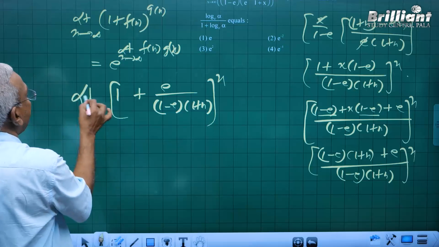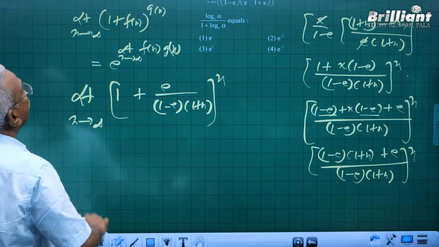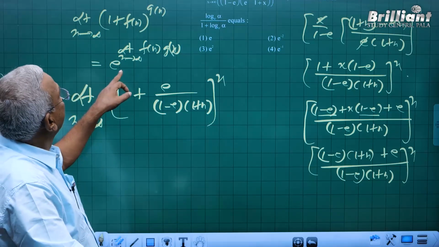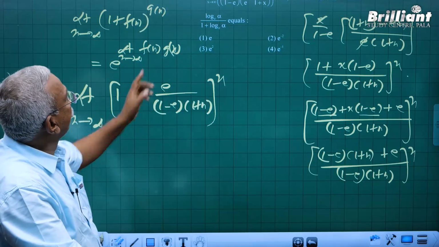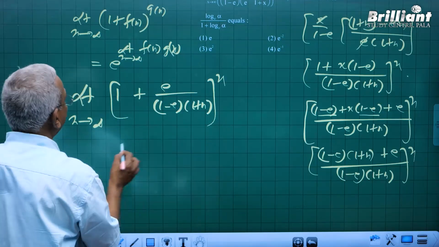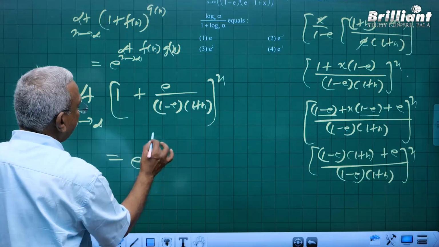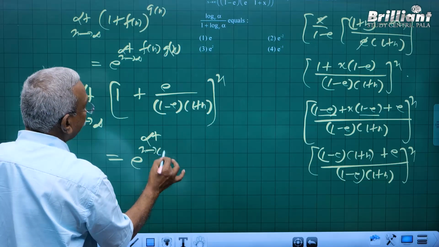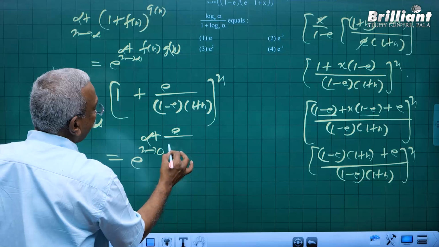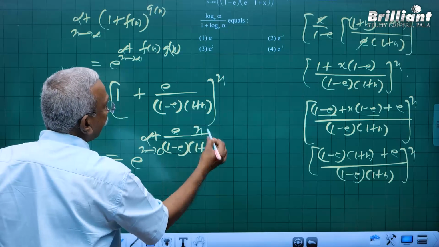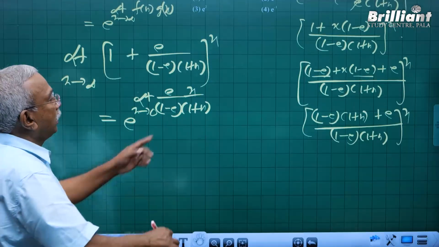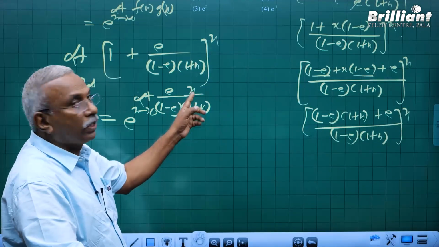And when we want to find the limit as x tends to infinity, we come to this rule. So here, this is actually f of x, and this is g of x. So what is the answer? This is equal to e raised to limit x tending to infinity of f of x into g of x, that is e divided by (1 minus e into 1 plus x), raised to x. Look here, if we choose x as a common factor here, we can cancel.